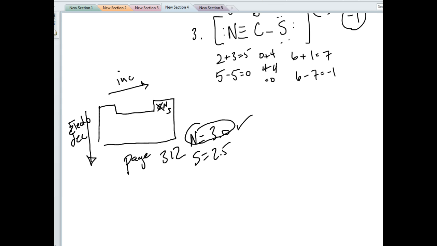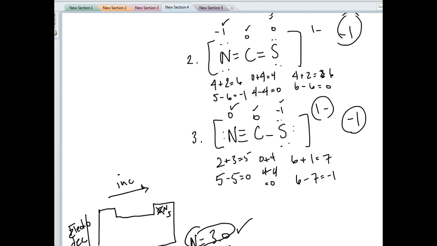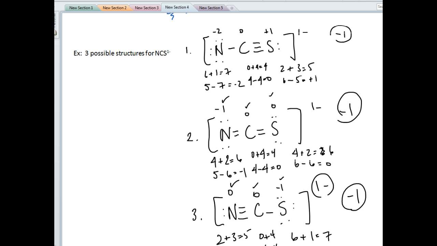If nitrogen has the greater electronegativity, that lets us know that the negative charge should be on the nitrogen. So the most likely structure is going to be number 2, because the negative charge resides right there on the most electronegative atom. That's how we decide if we have multiple structures.